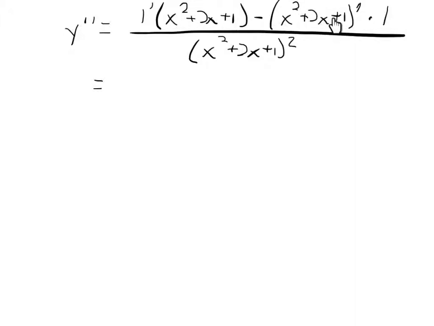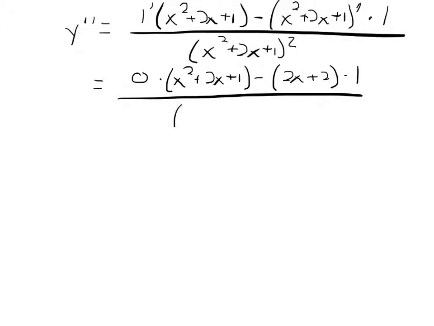The derivative of this here is going to be 2x plus 2, and we're multiplying that times 1. So we have 0 times x squared plus 2x plus 1 minus 2x plus 2 times 1 over the denominator squared.